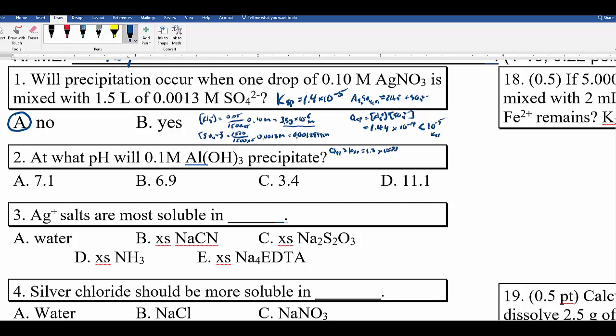All right, the KSP is going to equal, okay, well, we have the KSP equation here. It's aluminum hydroxide solid goes to aluminum 3 plus and the 3 hydroxides.